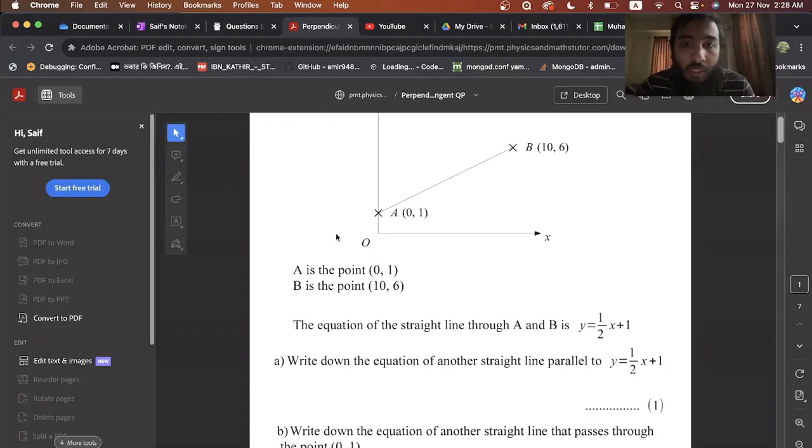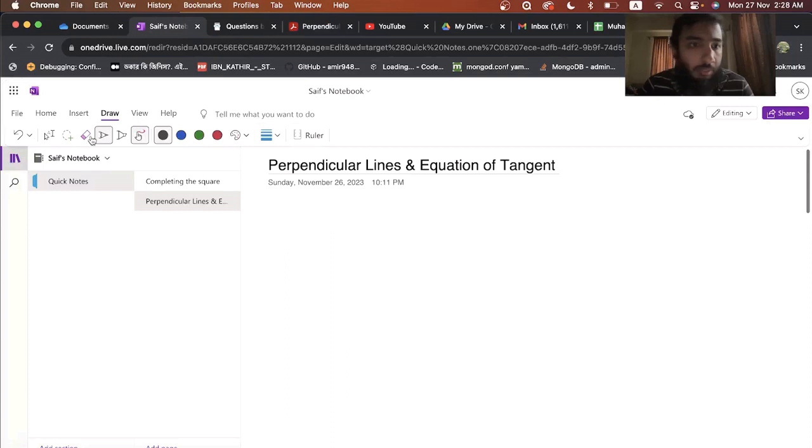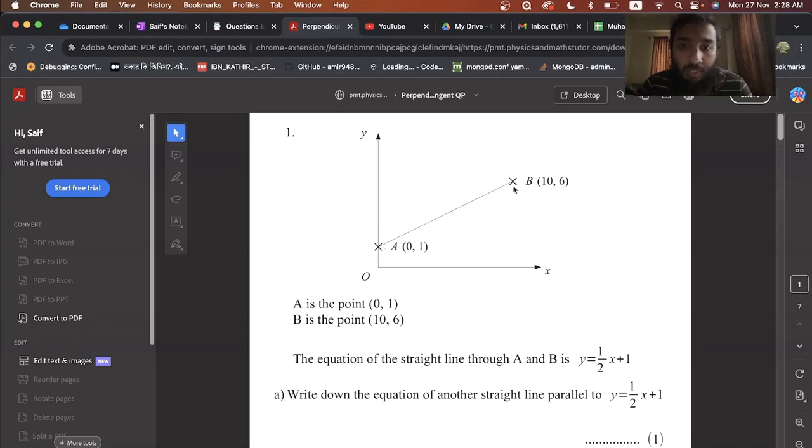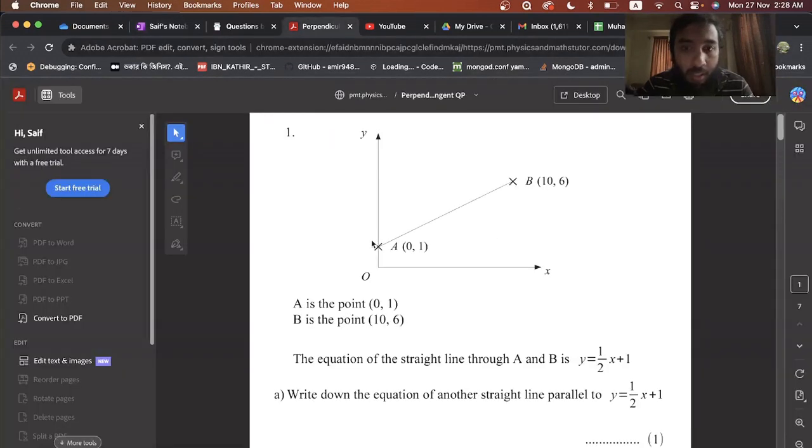As you can see, if I draw this graph roughly, this is the graph. So this is the x-axis and this is the y-axis. As you can see, this line A and B, let's say it's something like this, where this is point A, with the coordinates of 0, 1.